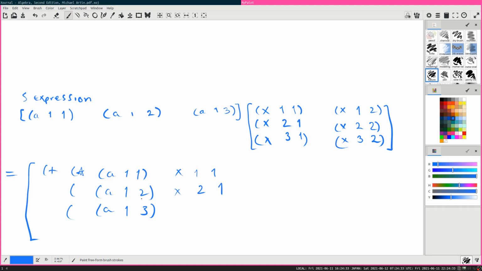And notice here that the second index of A's matches the first index of the X. 3, 1. Okay, and then we're actually multiplying component-wise each A1 by, so this gets multiplied with this gets multiplied with this gets multiplied with this, and then you take the sum.